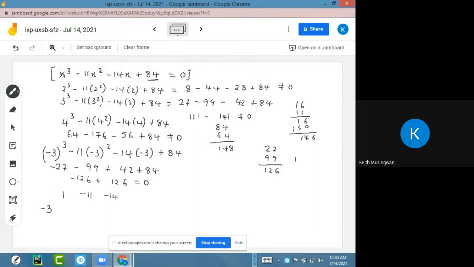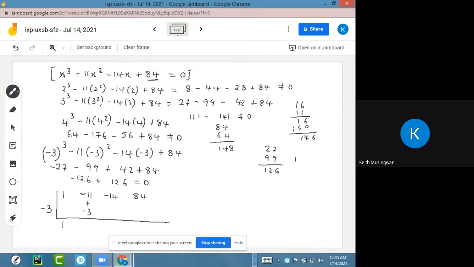The constant is 84. If there were numbers after the equal sign, we bring those to the other side and then correct the coefficients. Then just demarcate here. Then get the first number, drop it down. Then you multiply now. -3 times 1 will get -3, and then add.